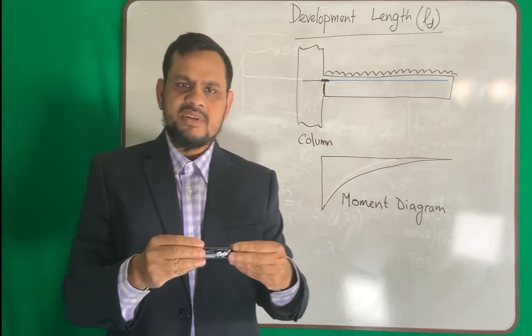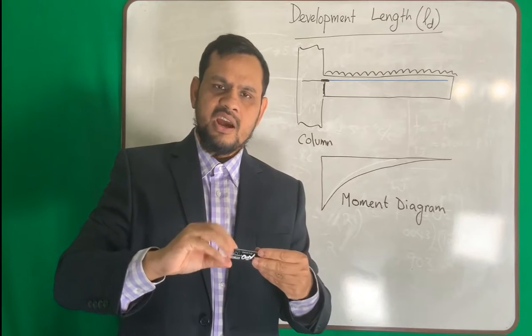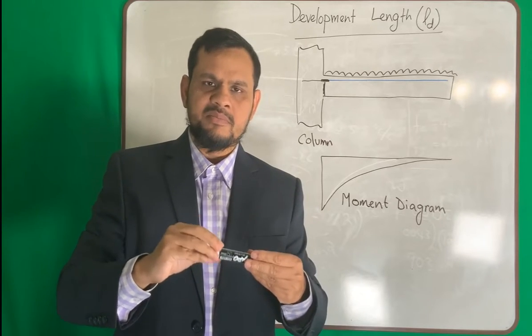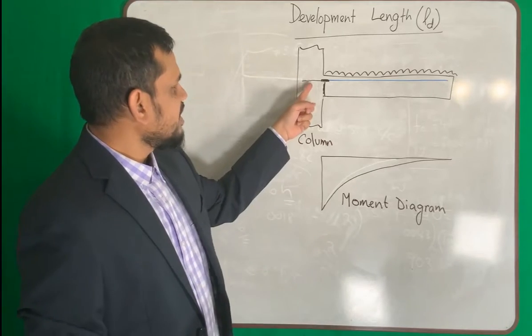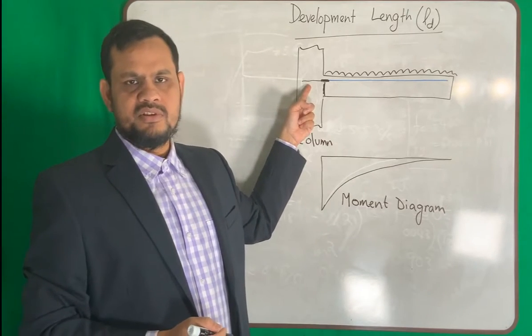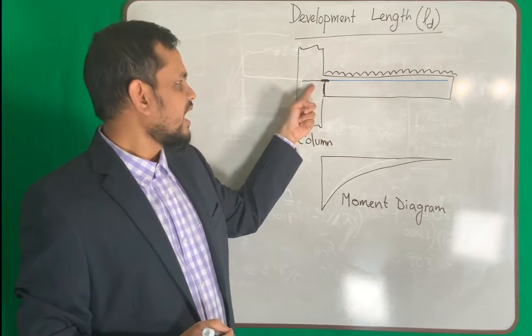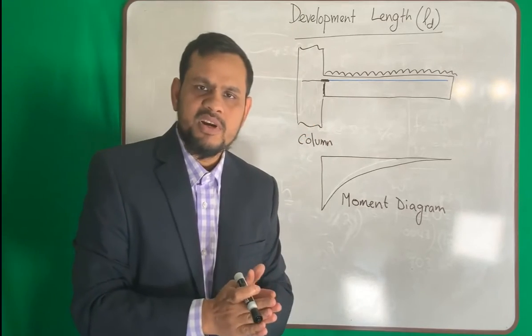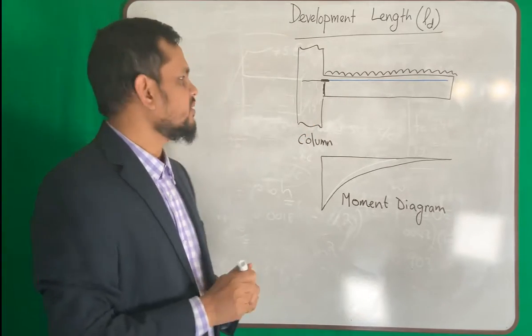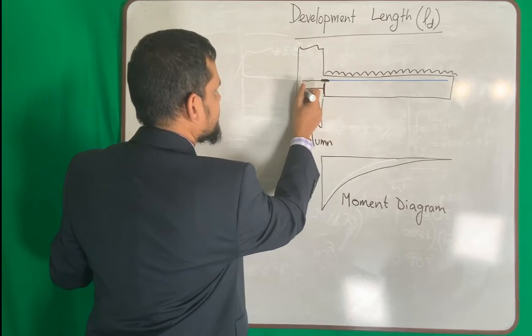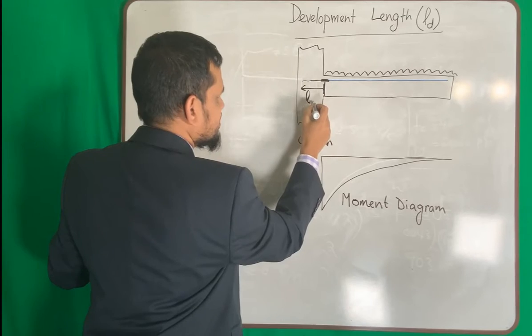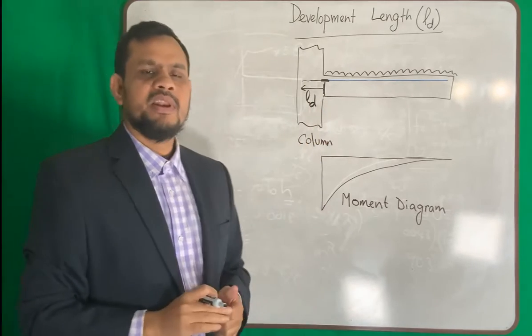So I need some distance so that the anchoring force can develop inside my reinforcement to resist the tension. To develop that anchoring force or resisting force, I need to provide some length. That length is called development length. So I need to provide my reinforcement some distance, that is called development length.